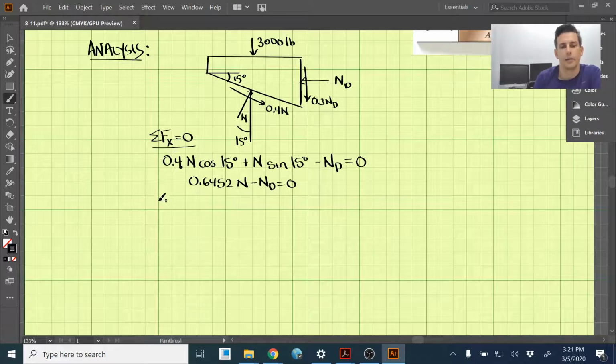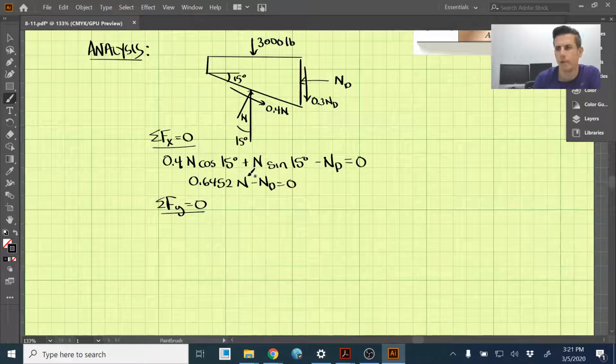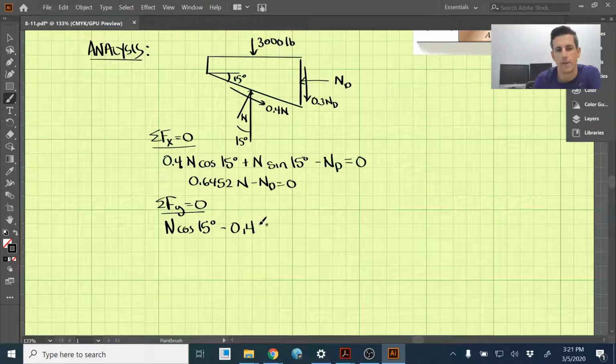Let's do the sum of the forces in the y direction now and set those equal to 0. In the y direction, this force N is going to have a component in the y direction. So we have N, and this time it's going to be cosine of 15 degrees, in the positive direction. This frictional force 0.4 N is also in the negative y, so we have negative 0.4 times N, and the component of that, which should be sine of 15 degrees.